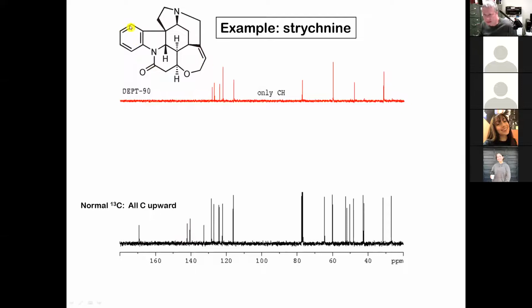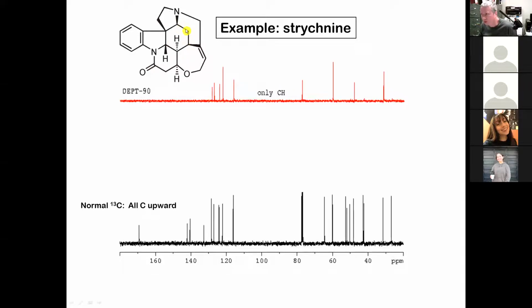We got some aromatic signals and alkene signals in this region here. Then we got a bunch of alkyl, CH2s, CHs, and all sorts of fun stuff. So only CHs. Well, we see 4 in the alkyl region. Where are they in the molecule? Well, we have that one. That's 1.